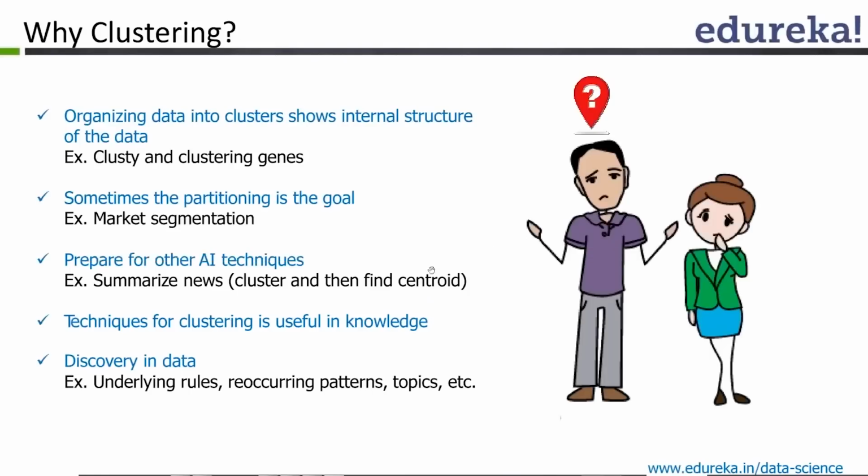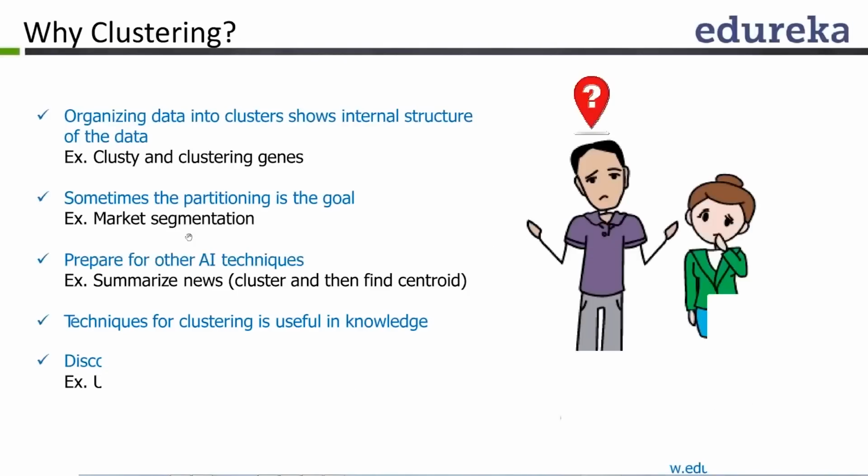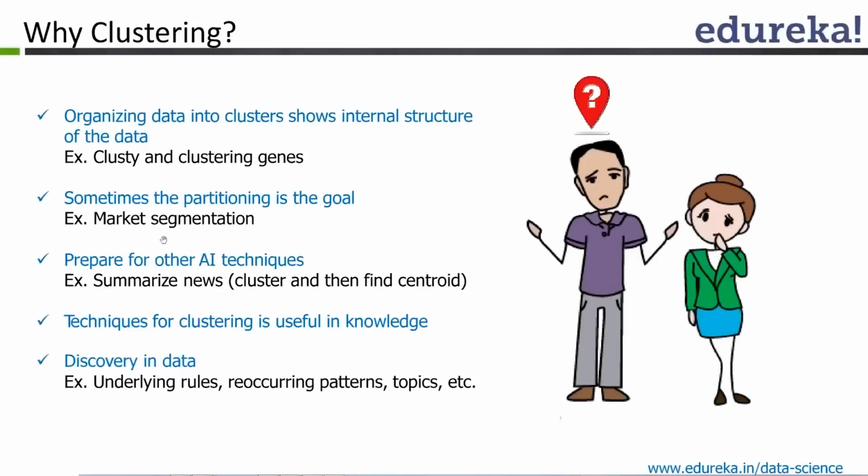There are many other examples, right? One we talked about is market segmentation, or you may want to summarize your news articles. If you go on, let's say, Google News, that's a classic example of document clustering. You have a bunch of articles, and Google News groups them into different clusters: sports, politics, health, and so on.